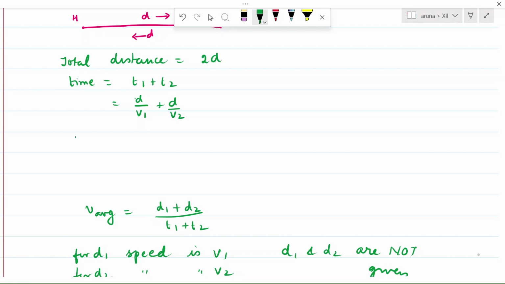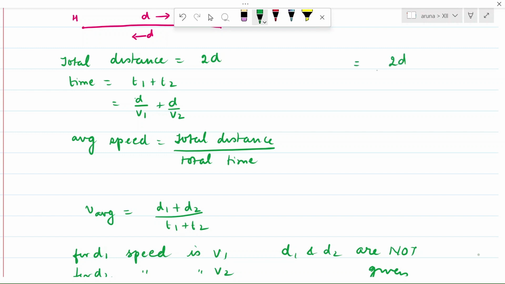So now the average speed is total distance 2d and total time d by v1 plus d by v2. I'll just simplify and then put the values. If you take the LCM, it becomes d times v1 plus v2 divided by v1 v2. We're taking the LCM in the denominator.